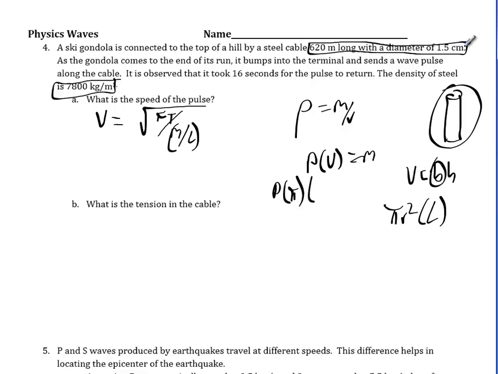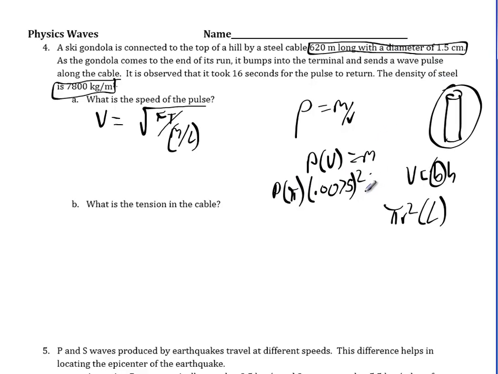Now this is the diameter and it's in centimeters. So if I take 1.5 and divide it by 2 and then move the decimal place to the left 2 places, I get 0.0075 meters squared.